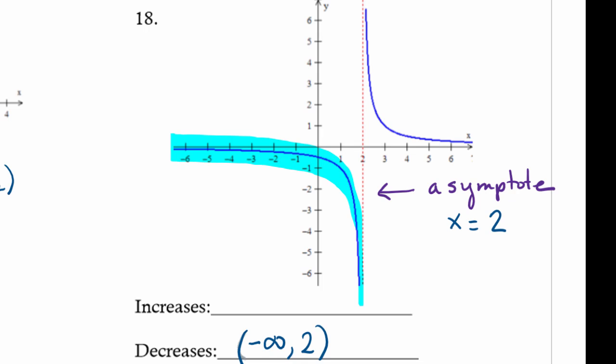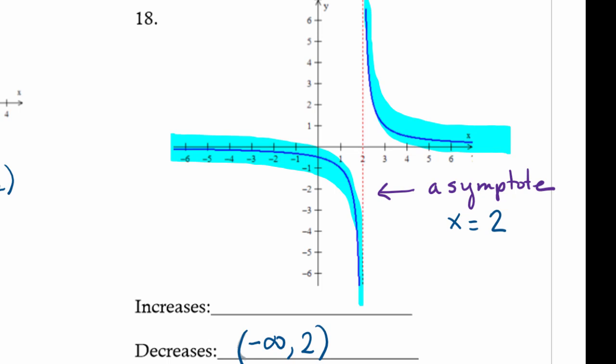Then what happens on the right side of the asymptote? Well, guess what? The function is going downhill there as well. It is decreasing there as well, isn't it? On the left side of the asymptote, as your x's are getting bigger and bigger, going more towards the right, your y values are getting smaller and getting closer to that other asymptote of y equals 0.